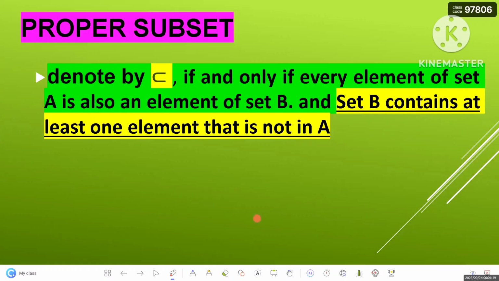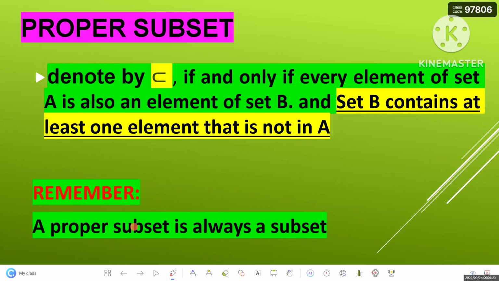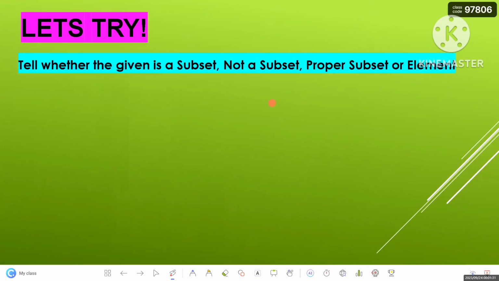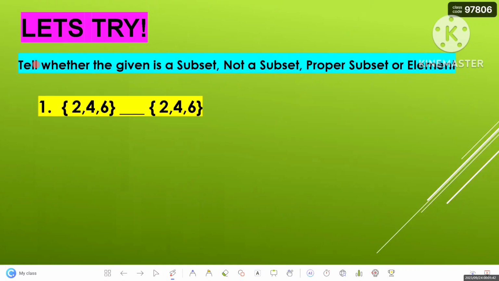Paano ba natin siya iintindihin? Remember, a proper subset is always a subset. Tingnan nga natin ang example. Let's try. Tell whether the given is a subset, not a subset, proper subset, or element. Tingnan natin. So number 1, we have set 2, 4, 6 blank 2, 4, 6.